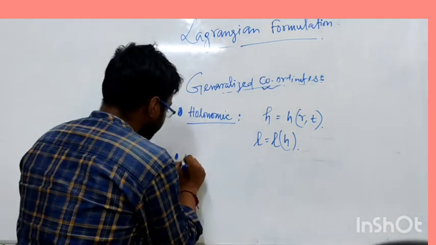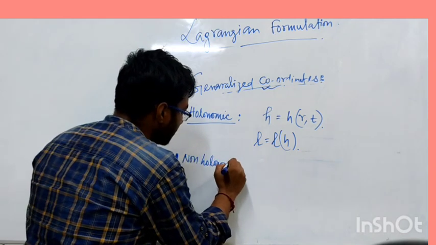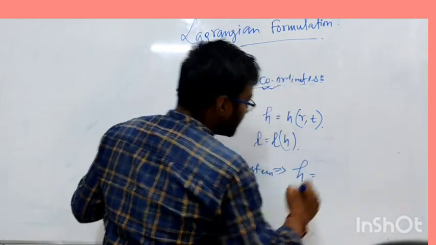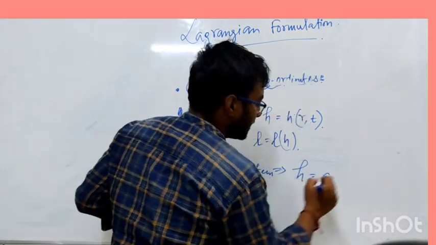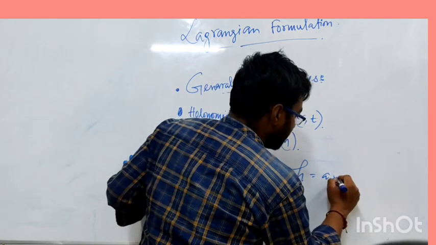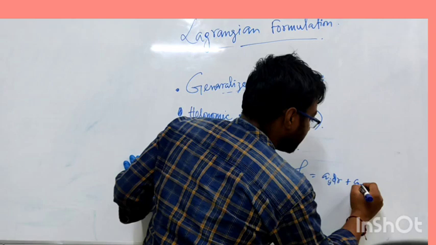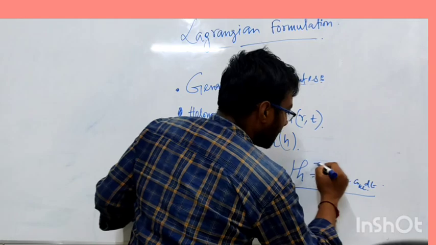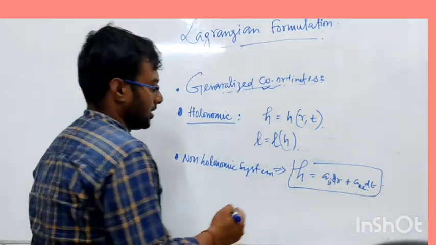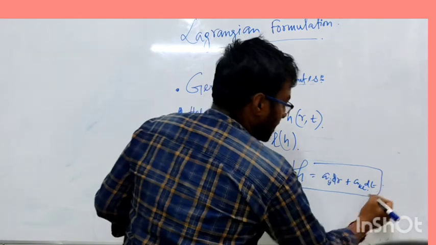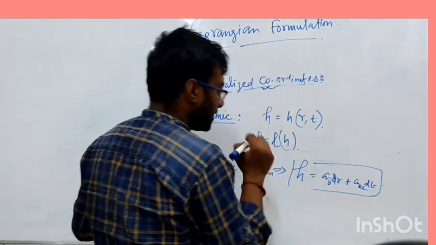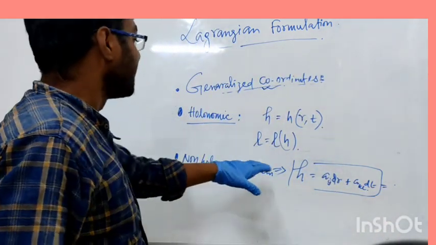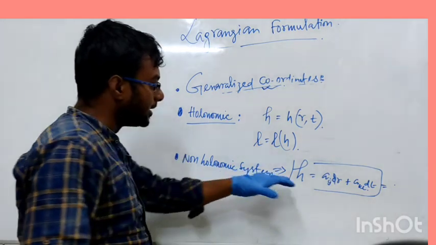What is a non-holonomic system? Basically, we can represent H as A I L R plus A I J K L into E T. If we can differentiate it, or if H has some particular value, then we can tell that H can be an integrable function.